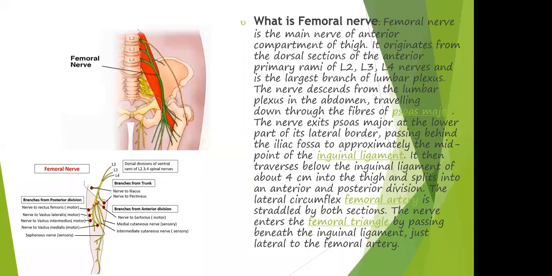It then traverses below the inguinal ligament about 4 centimeters into the thigh and splits into an anterior and posterior division. The lateral circumflex femoral artery is supplied by both sections. The nerve enters the femoral triangle by passing beneath the inguinal ligament, just lateral to the femoral artery.